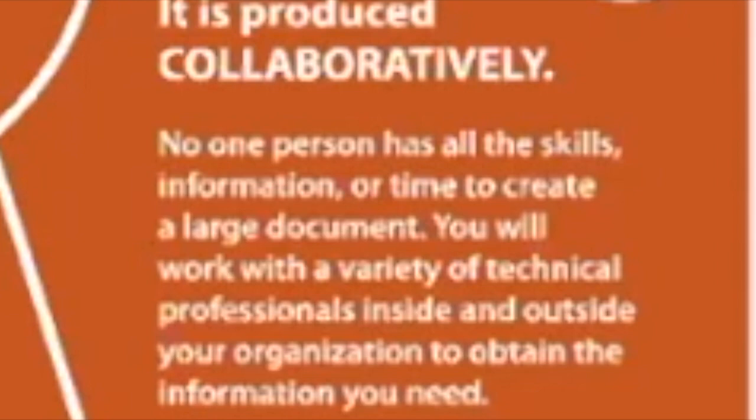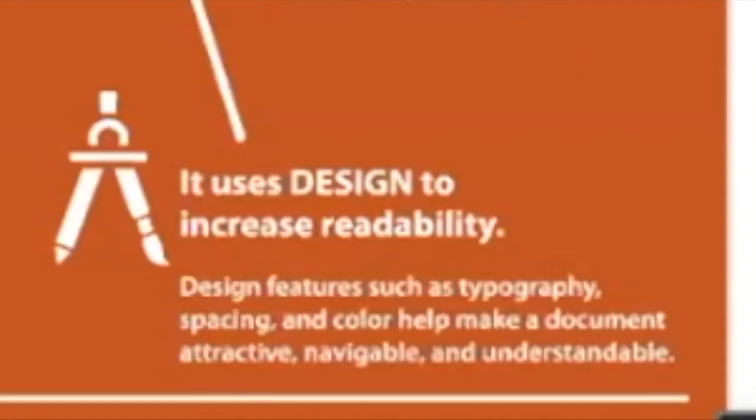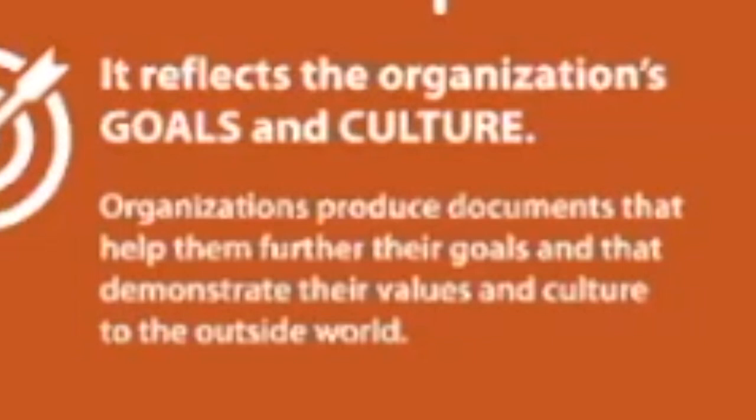It uses design to increase readability. Design features such as typography, spacing, and color help make a document attractive, navigable, and understandable. It reflects the organization's goals and culture. Organizations produce documents that help them further their goals and that demonstrate their values and culture to the outside world.